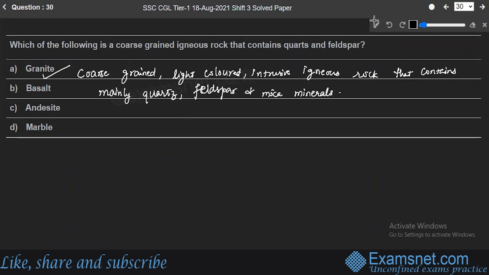It forms from magma with a high content of silica and alkali metal oxides that slowly cool and solidify underground. So the answer to our question is option A, granite.